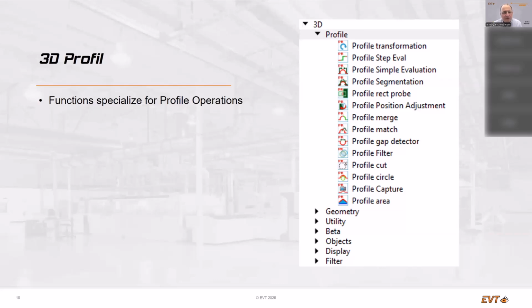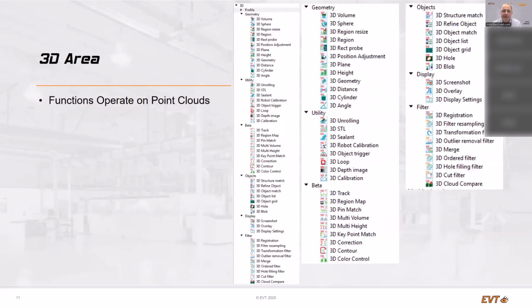So you see we have a really large instruction set only to operate on profiles, everything from measuring to fitting of profiles and so on. What you can do, I really want to show you with the project files, and then we go to the point clouds.